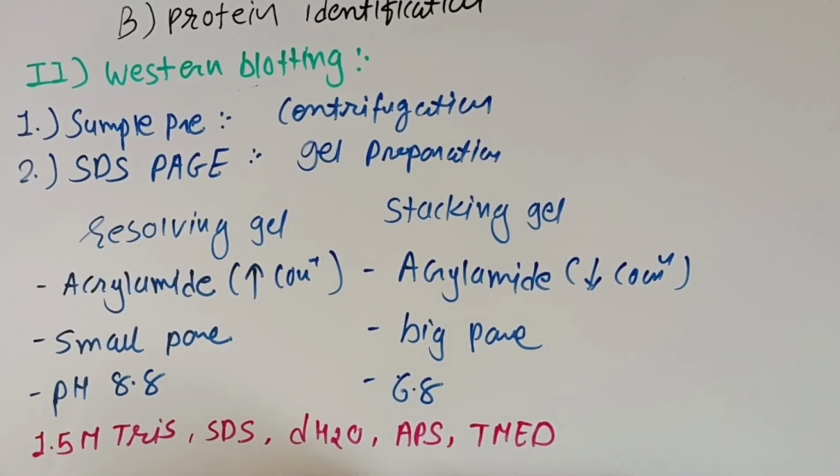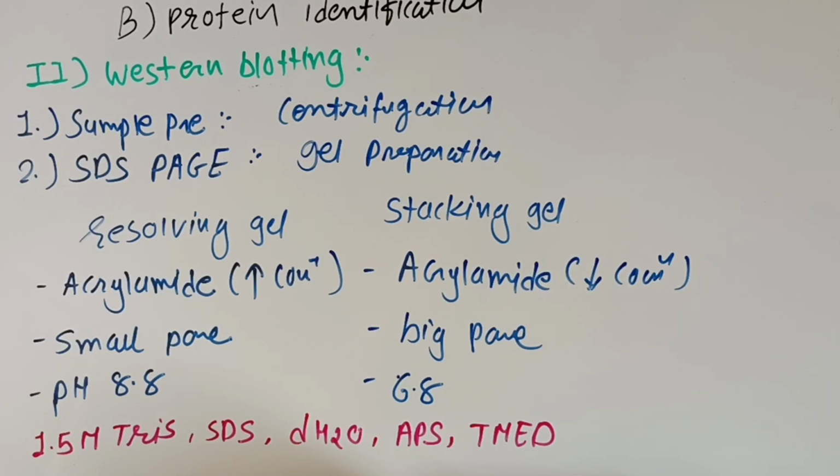Then second in protein identification is Western blotting. Western blotting is specifically used for protein isolation. Various steps are there for Western blotting. First is sample preparation. The sample is prepared via centrifugation applied to the cells.